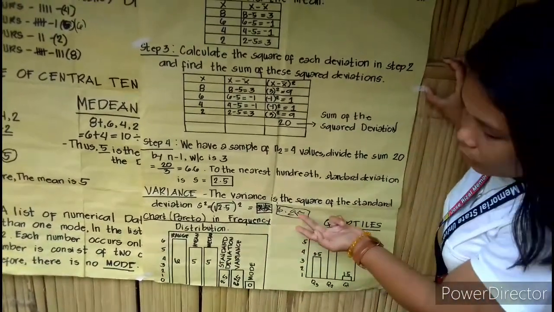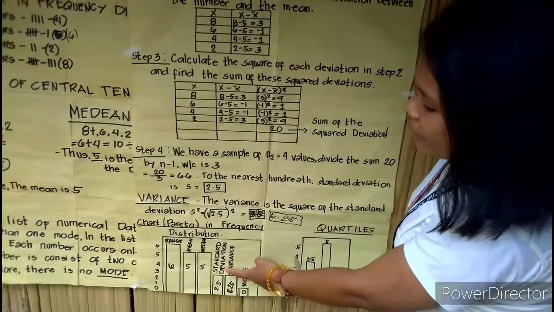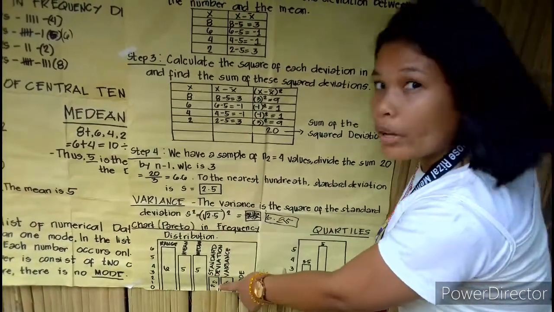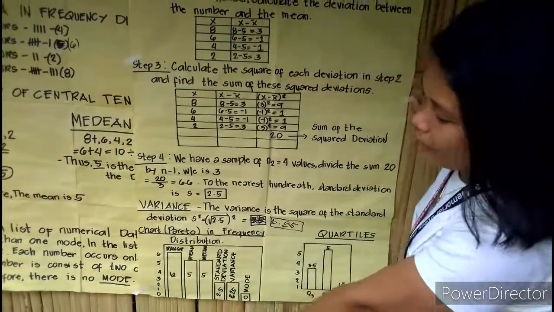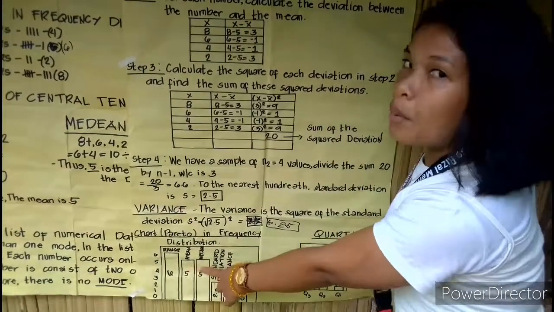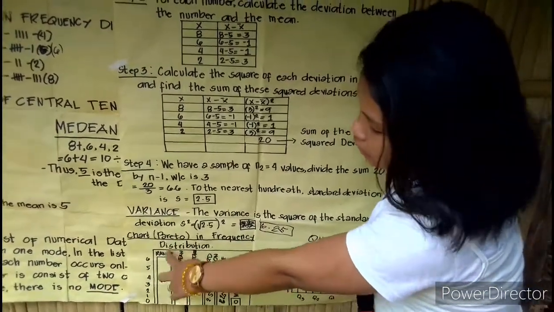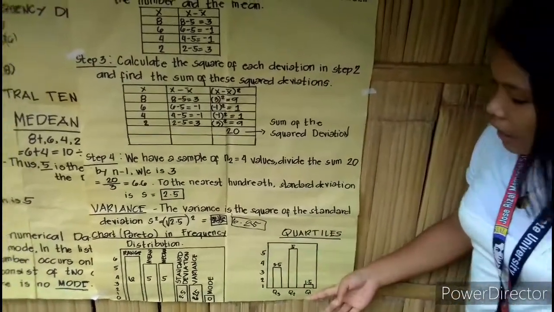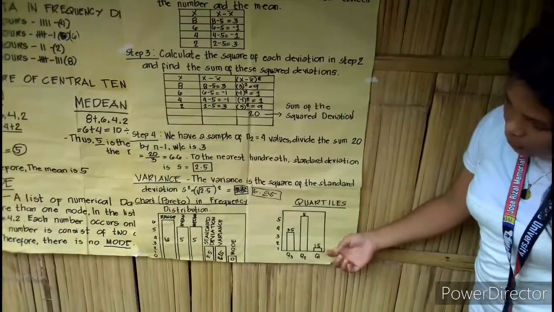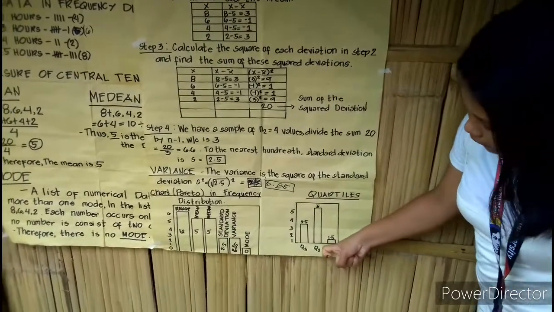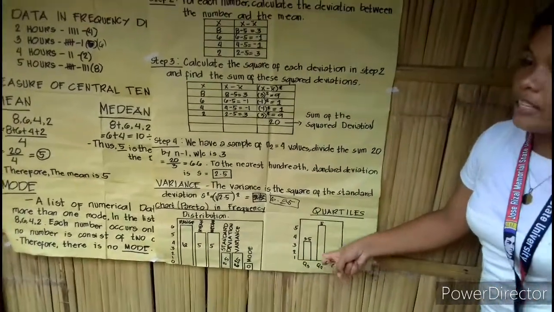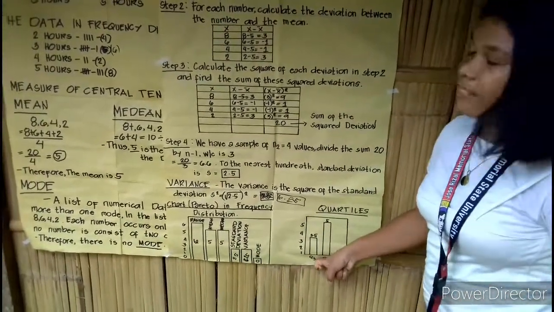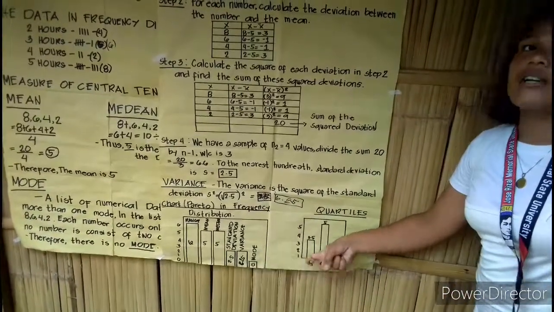Variance 6.25. Standard deviation is 2.5 rather. Median and the mean are both 5 and the range is 6. The quartiles. Our first quartile is 1.5. Quartile 2 is 5 and the quartile 3 is 3.5.